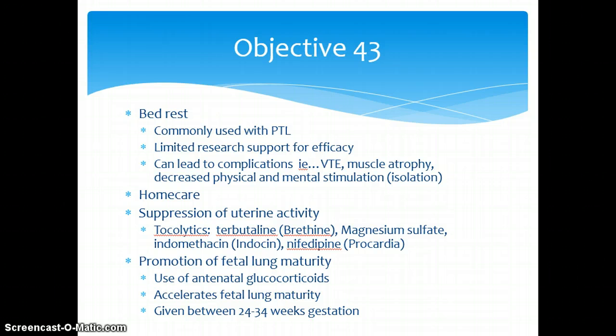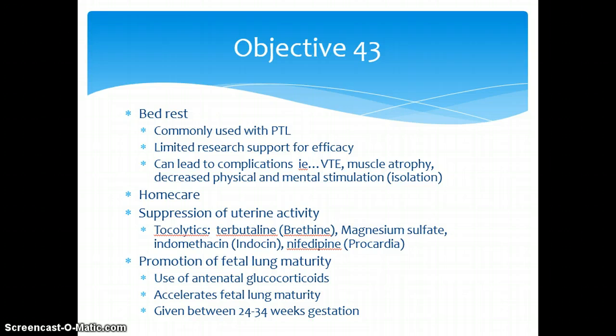For the tocolytics, going back to the suppression of uterine activity, if you refer to box 19.6, there's contraindications to tocolysis, and in 19.7 there's nursing care for women receiving tocolytic therapy. There's also a medication guide in chapter 19 that includes Brethine and magnesium sulfate, Procardia, and indomethacin.